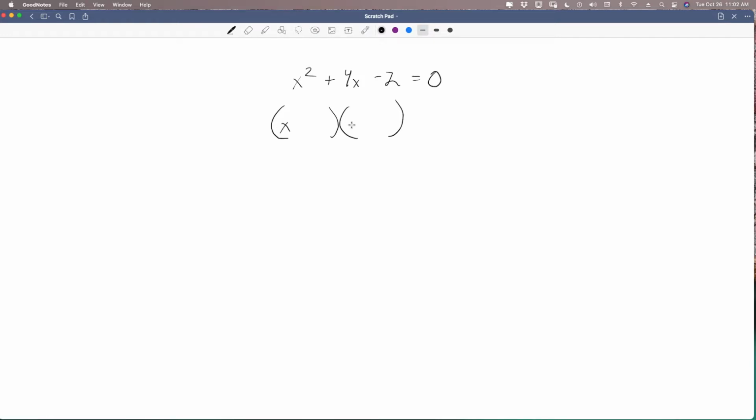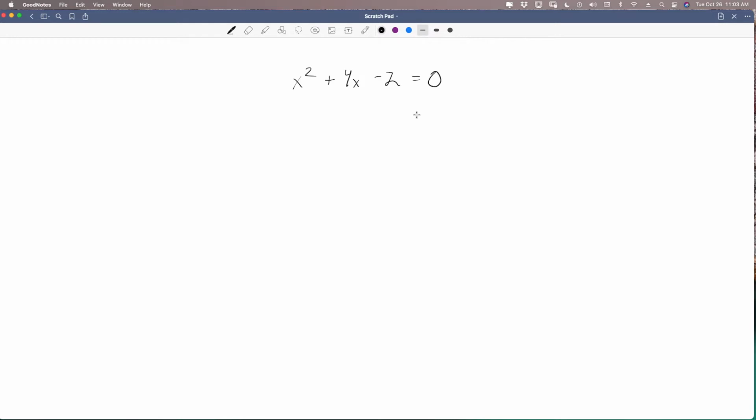We can get x, and we can get x, and we can get that negative 2. To get negative 2, we need a positive 2, negative 1. Well, that doesn't give us 4x. That gives us 1x. And if we did negative 2, positive 1, well, that'd give us a negative 1x. So we can't factor this. So how do we solve this problem?